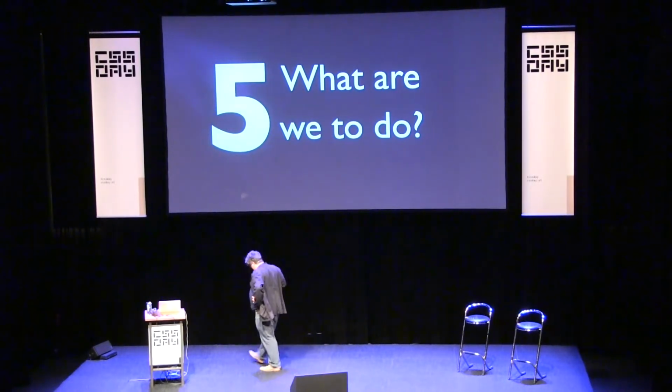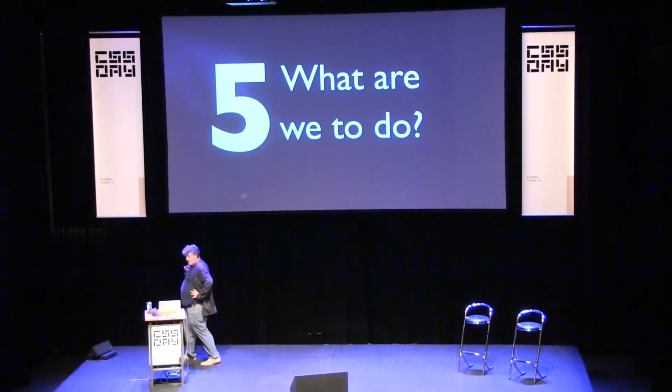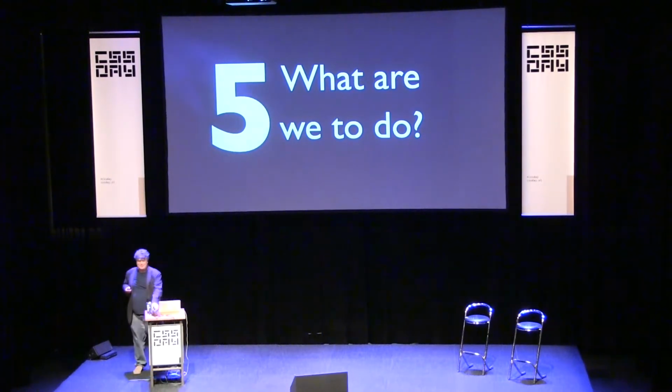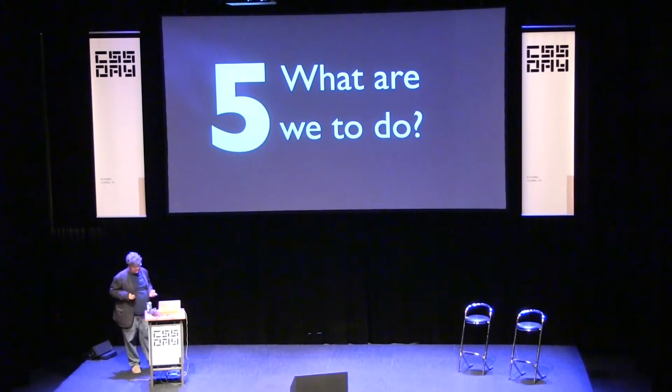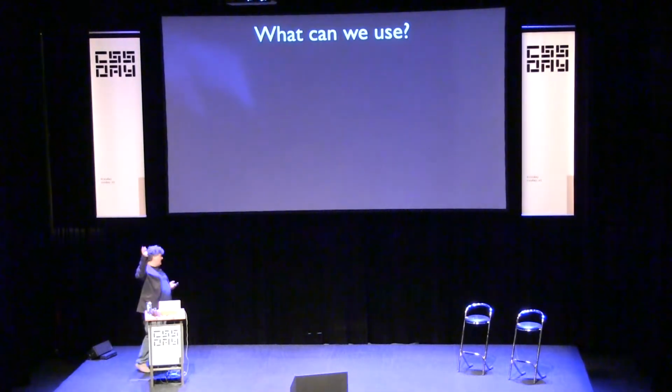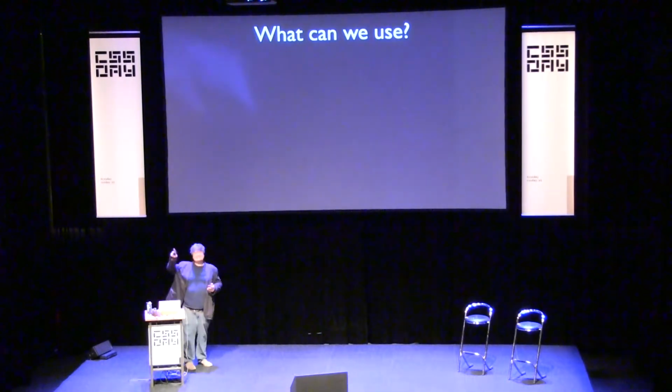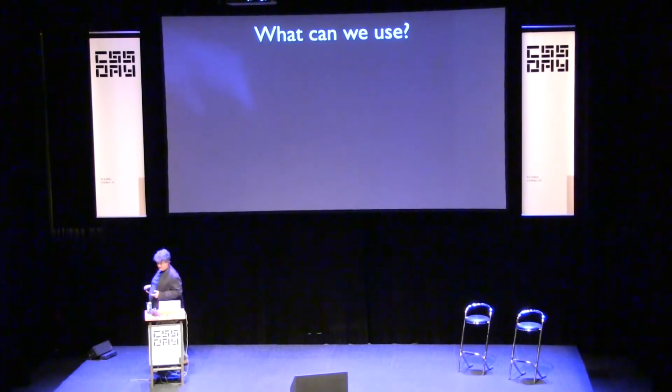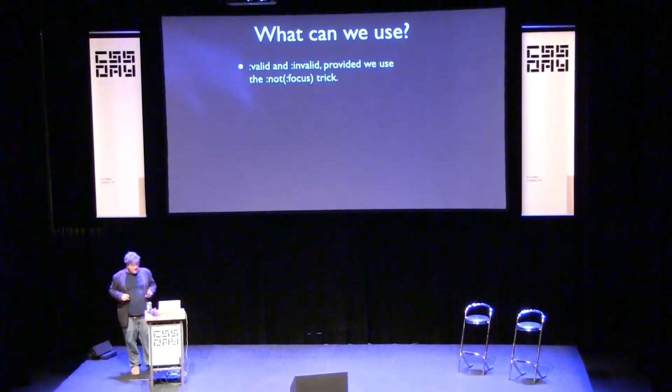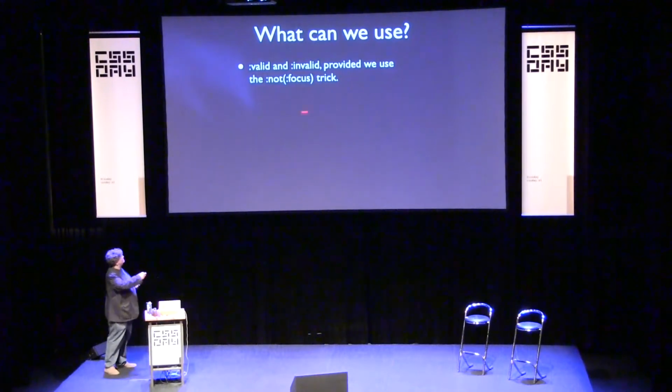I'm going to end with a few practical notes. They're not mind-blowing or anything, but I had promised trying to end on this note, so I'll do that. First of all, let's take the positive approach. What can we use of all of that we've now seen? Valid and invalid are kind of useful, provided we use the not focus trick, right?